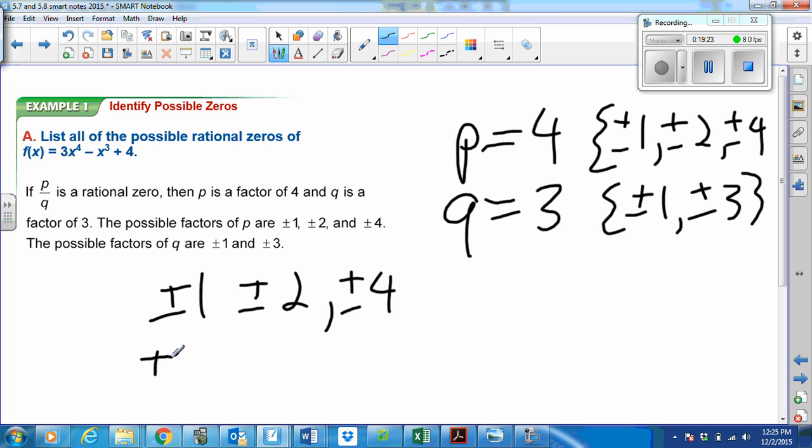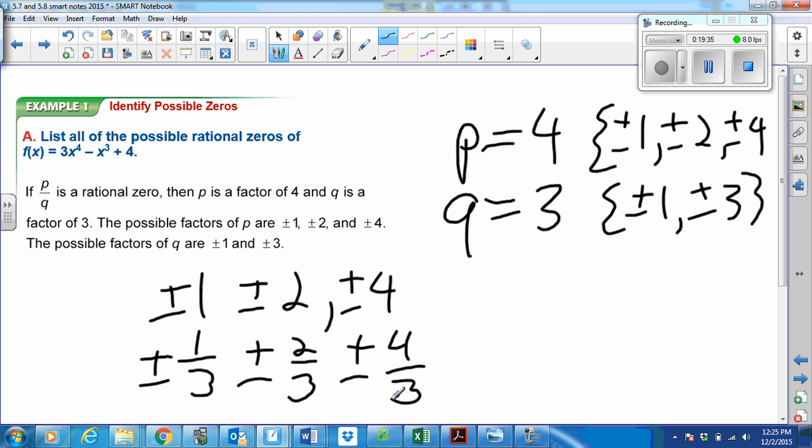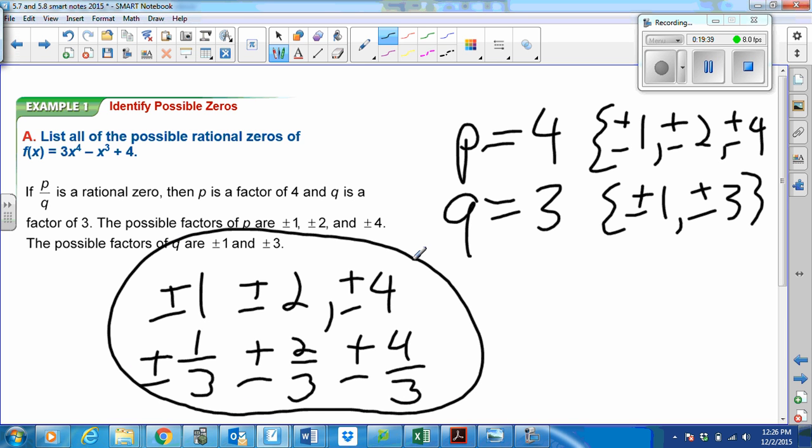So you have plus or minus 1/3, plus or minus 2/3, and plus or minus 4/3. So this one would yield 12 different things that you would need to check using synthetic division to see if there are any factors. And remember, when you use synthetic division, if there's no remainder, that means that particular number is a factor of that polynomial.